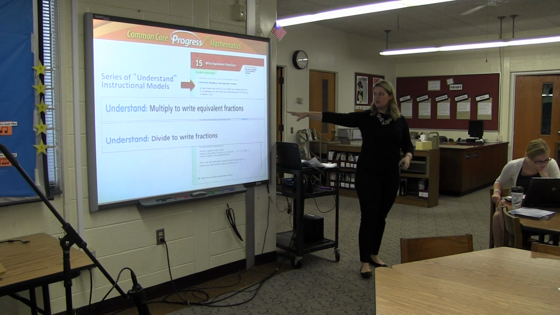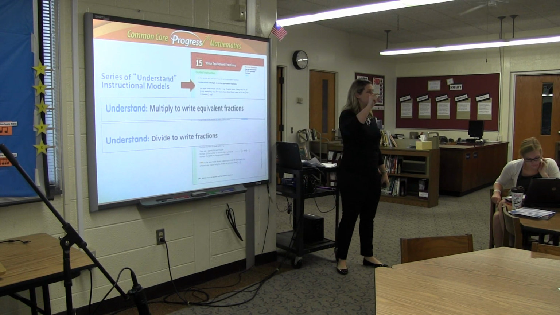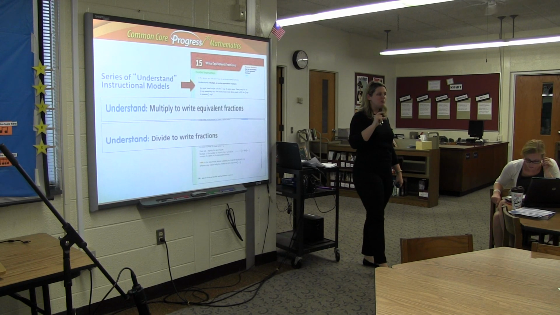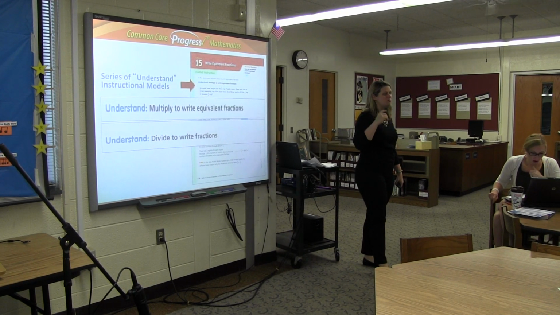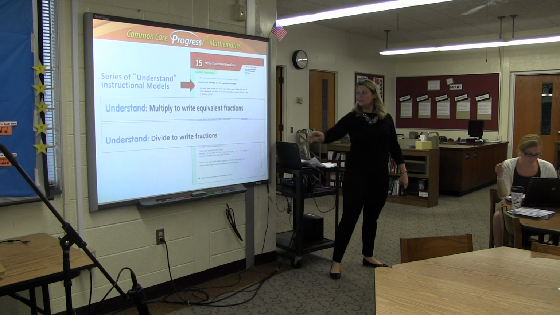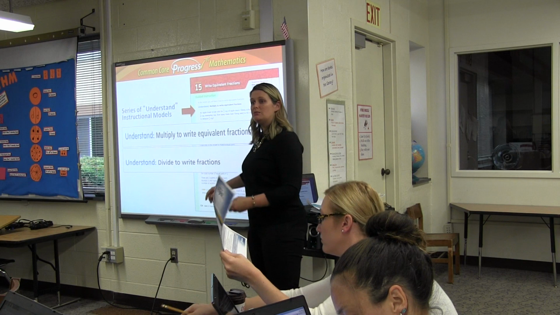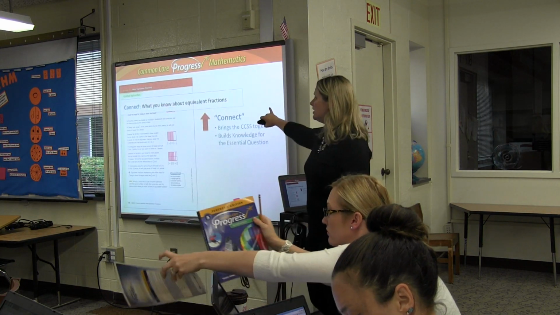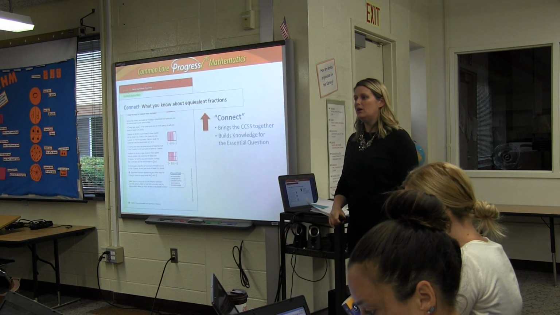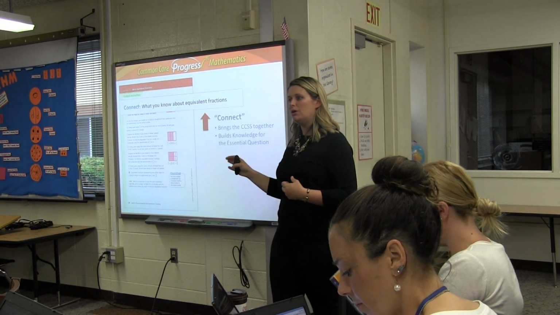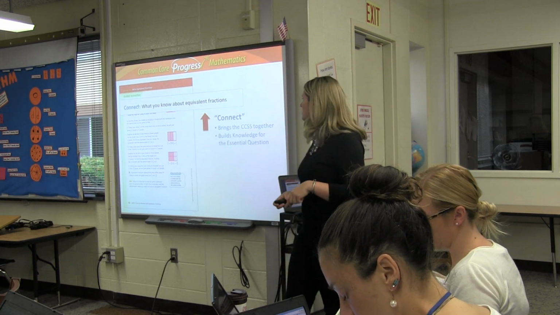So that's what we're doing, is we're breaking it down into manageable, bite-sized pieces and showing students multiple models, multiple tools, multiple strategies. Now, some of your students may not need this broken down for them. Sometimes you might be able to just move right to the connect, okay? But if you do need multiple representations, they're available in those understand models.